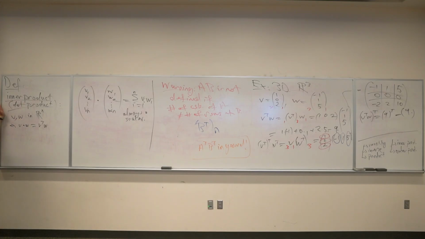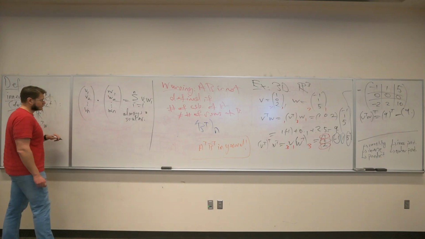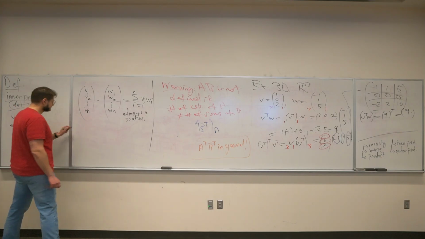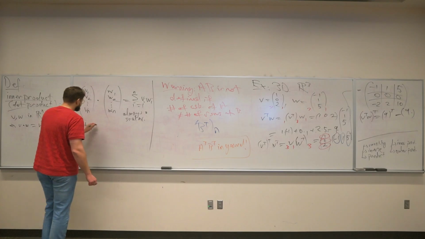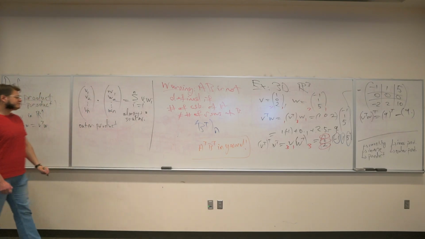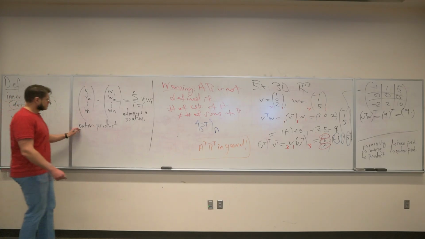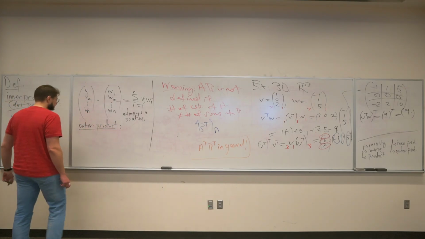This is the inner product or dot product. Outer product is more complicated in a sense, and it's perhaps less popular. Another name for this is tensor product or Kronecker product. It has a bunch of names. I'm not going to write them.